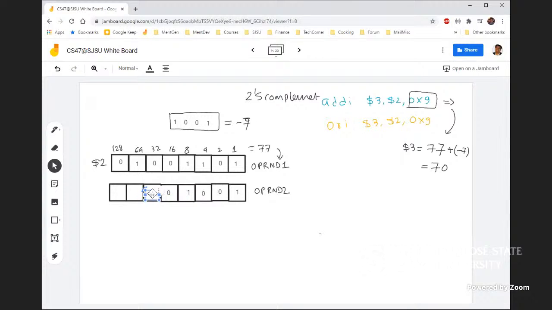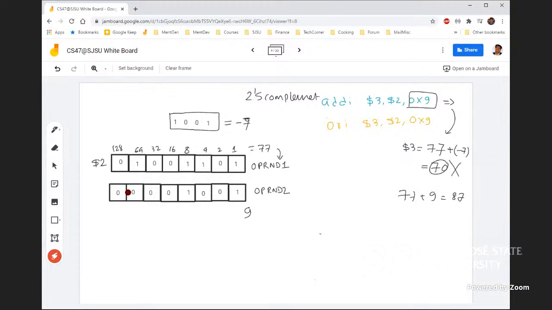If we put 0, what does this value represent in 2's complement form? This is 9. So instead, what we are really doing is 77 plus 9, which is 87. My result is wrong. I was expecting 70.